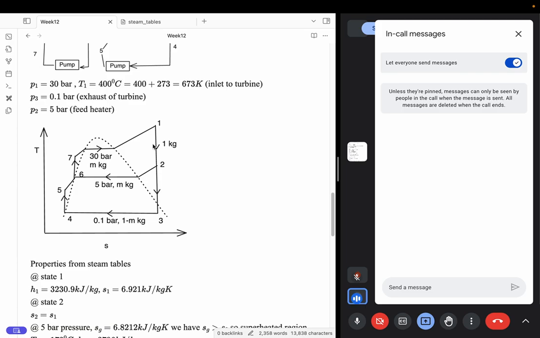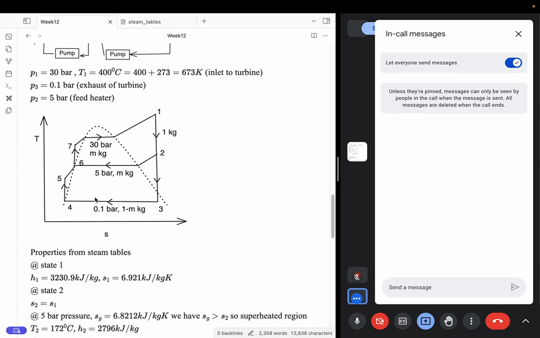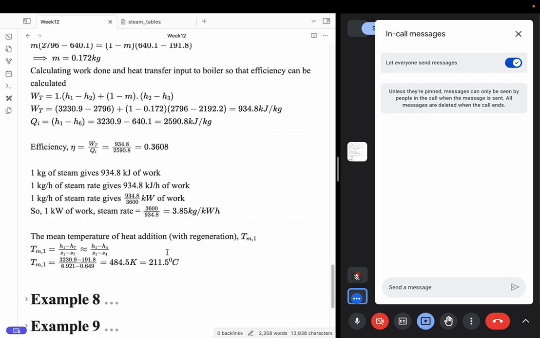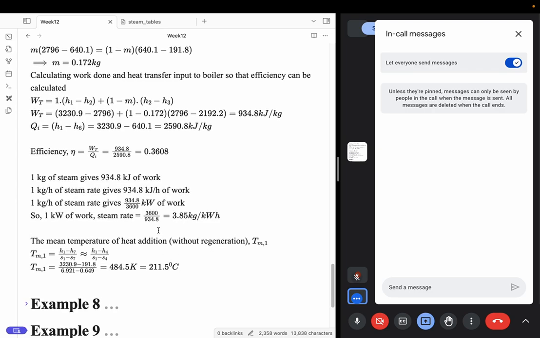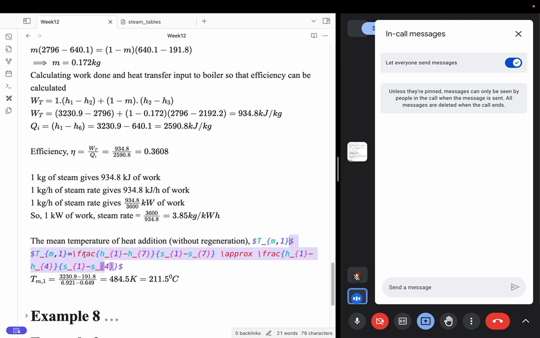Now let's say, because of regeneration, what is happening? Whatever we have done here, we'll compare this with this.